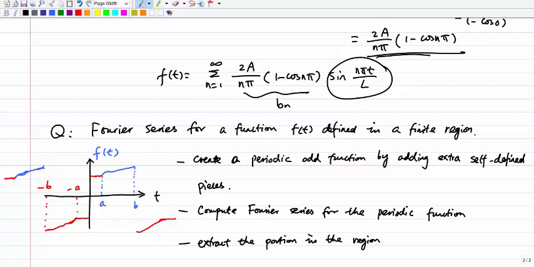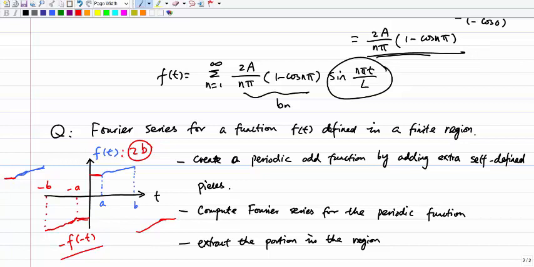I can add a component from 0 to a, and also this portion here is negative f(-t). So this function, I make it an odd function, which means this part going to the negative side, I flip it down. This one also I flip down on this side, and then I make it repeat the same pattern. You sort of make the period 2b as your fundamental period.